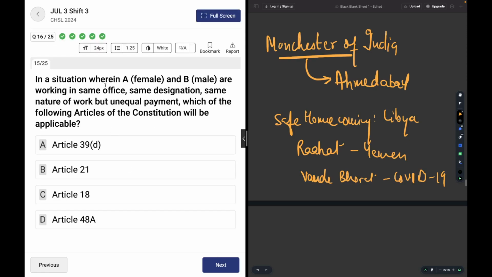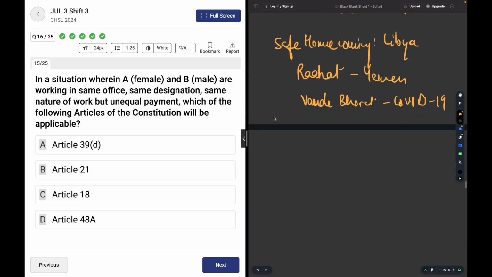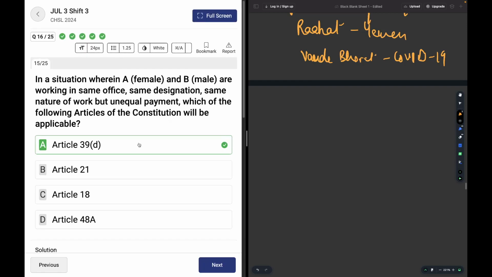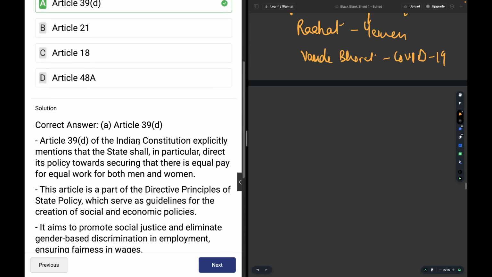Moving on, in a situation wherein A, female, and B, male, are working in the same office, at the same designation, the same nature of work, but unequal payment, which of the following articles of the Constitution will be applicable? There is no particular right that comes into play, but there is a DPSP which comes into play.